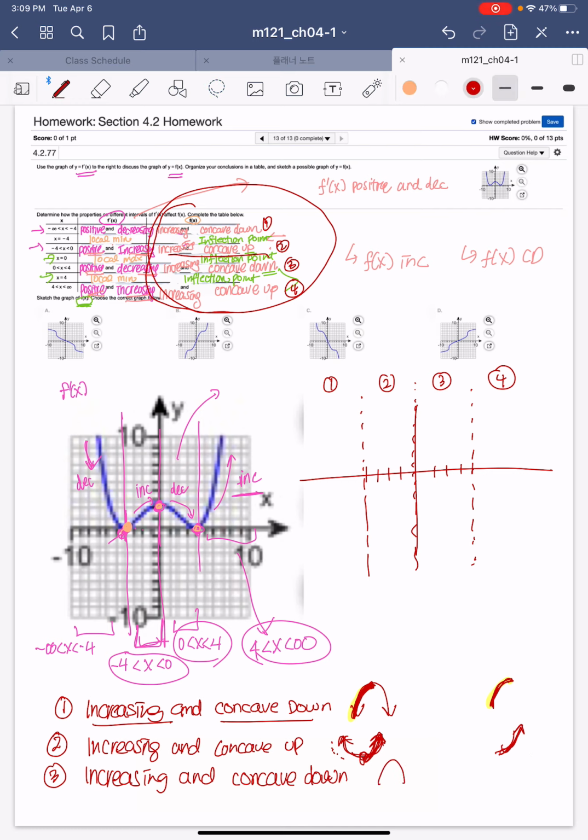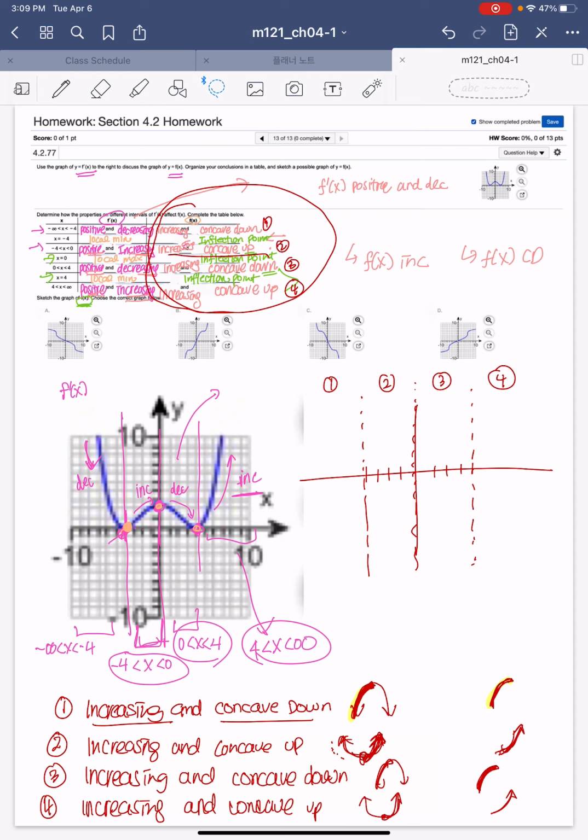So concave down is this one, but increasing will be only this part. So I'm going to have something like this one again. Number 4, we have increasing and then concave up. The shape we are looking at is concave up generally, but only the increasing part, this one. So I'm going to have this one. This is how I sketch it.